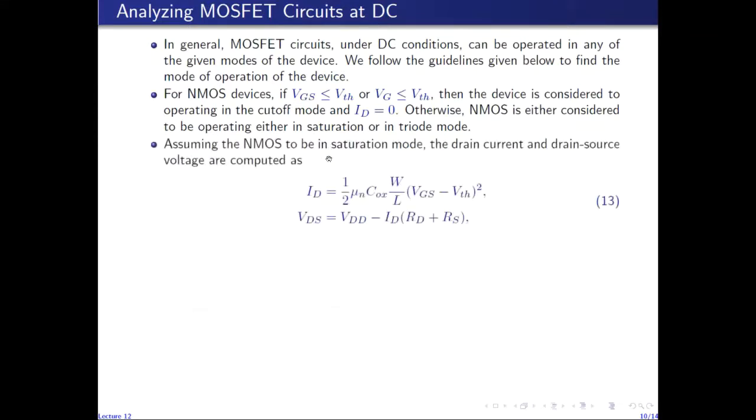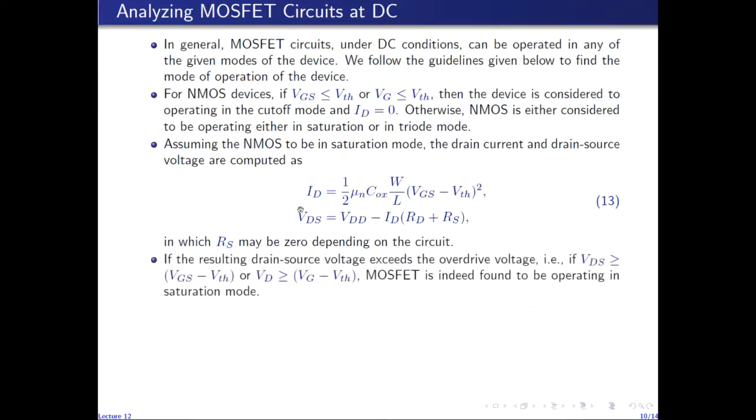Assuming that NMOS is operating in the saturation mode, you can find the drain current and the drain to source voltage using these relations, in which, depending on the circuit, RS may be 0, because we have seen circuits in which RS is 0.